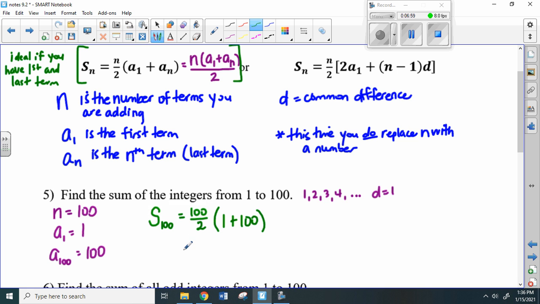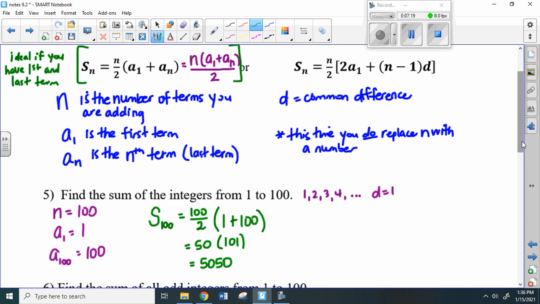I know that 100 divided by 2 is 50, 1 plus 100 is 101, and when I put it all together, I get 5,050.